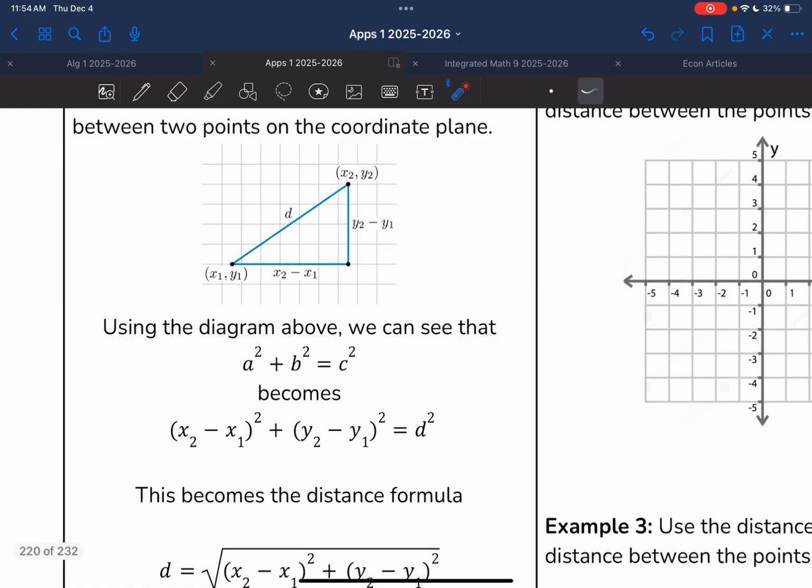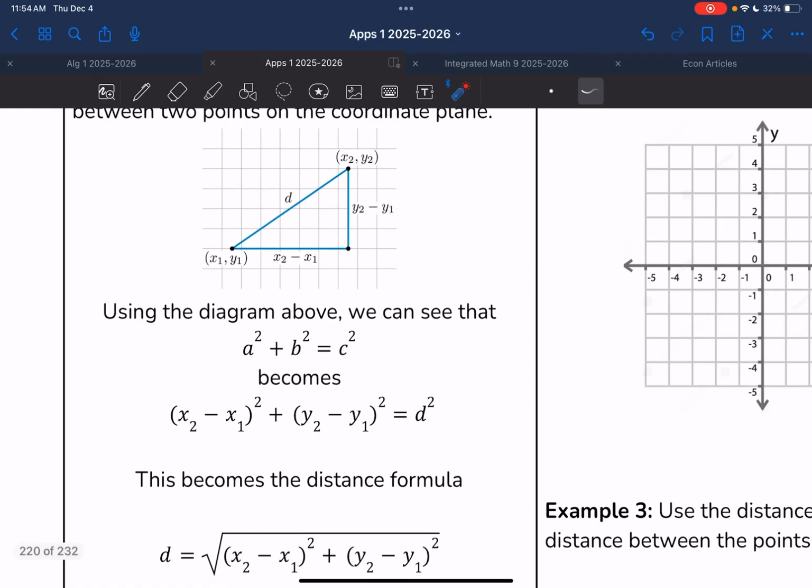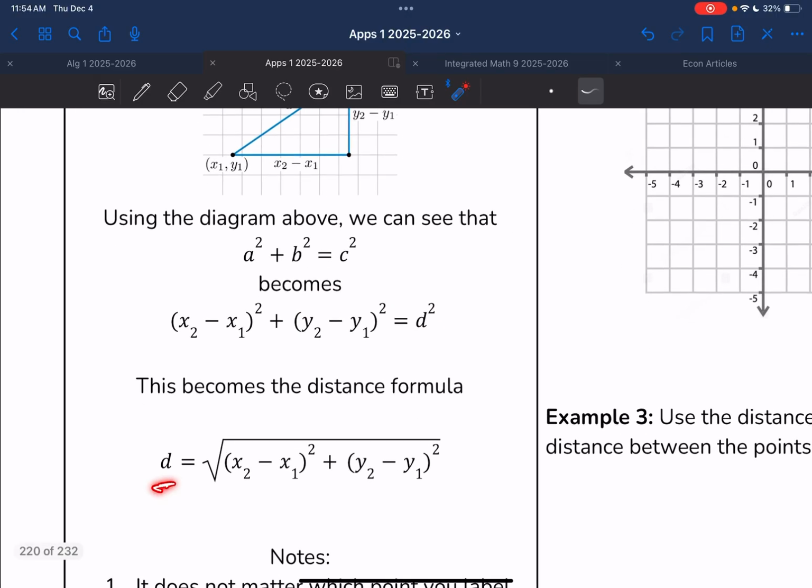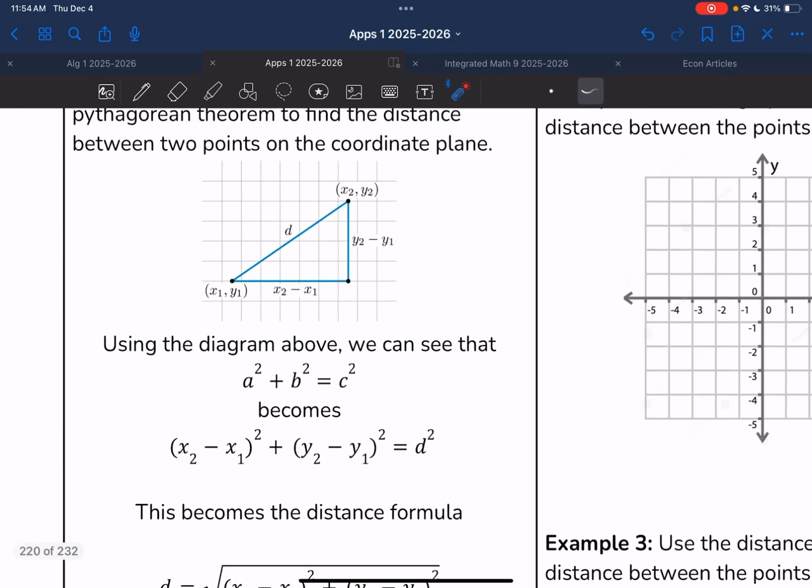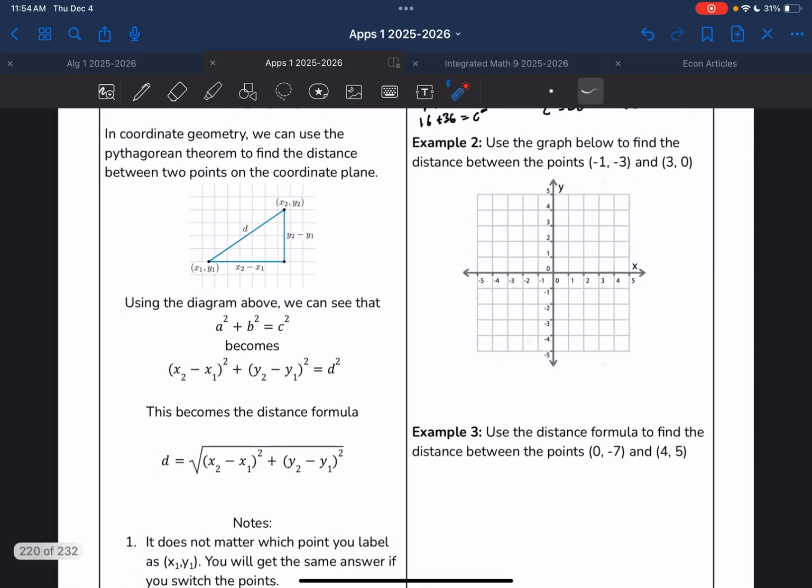Because it is a right triangle, we know that the square of the hypotenuse is equal to the sum of the squares of the legs. So if the legs are this difference and this difference, then that difference squared plus that difference squared has to equal the distance squared, meaning that the distance is the square root of the distance on the x squared plus the distance on the y squared.